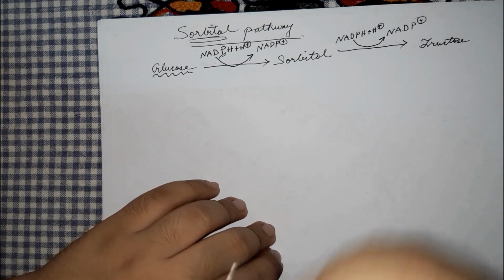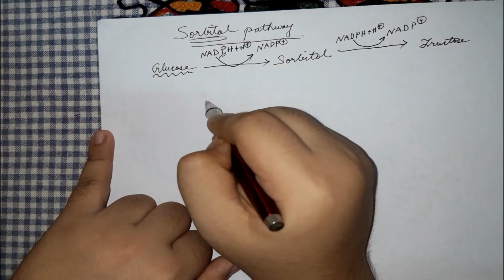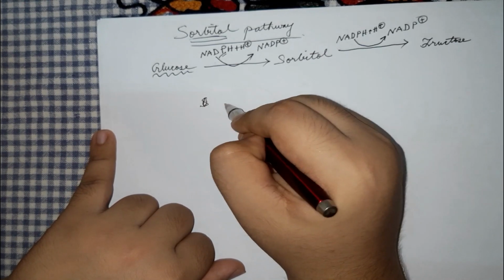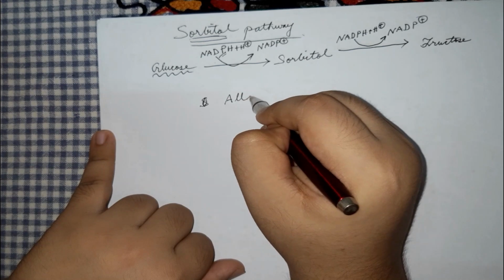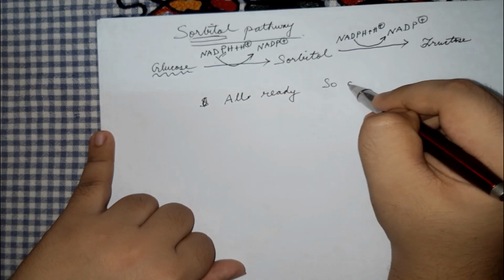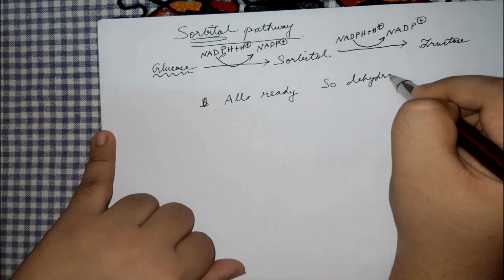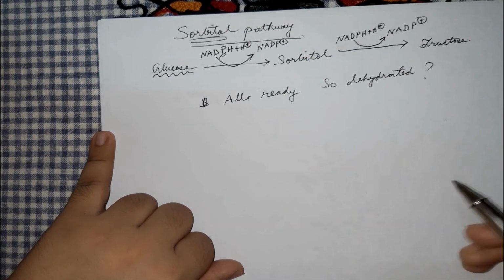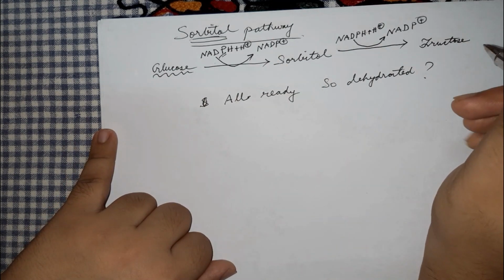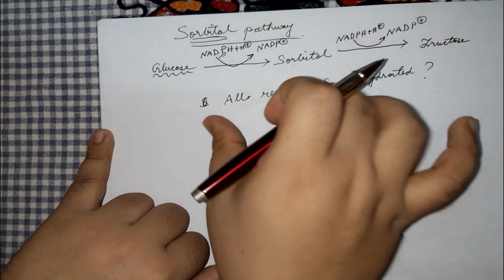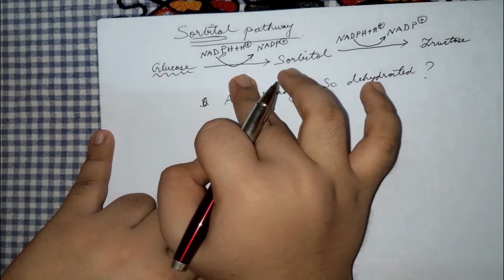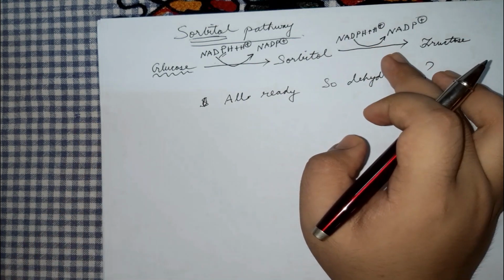Now, about the names of these two enzymes, I have devised a mnemonic: "Already so dehydrated." Somebody is asking someone, you are already so dehydrated. This is what the names of the two enzymes are. "Already" is the first enzyme. "So dehydrated" is the second enzyme.